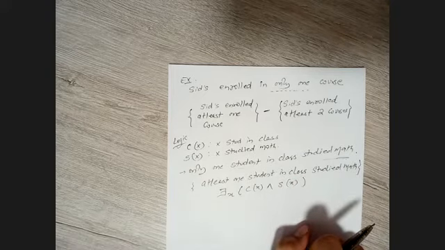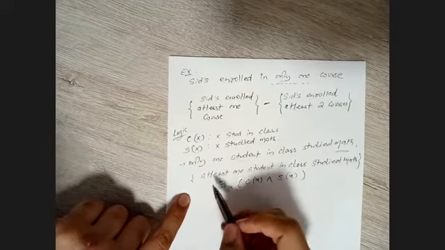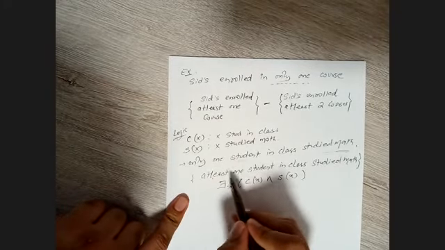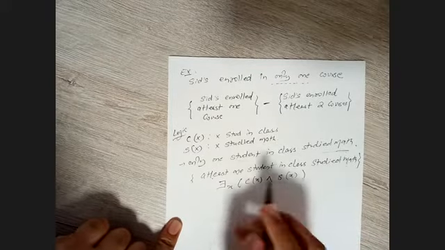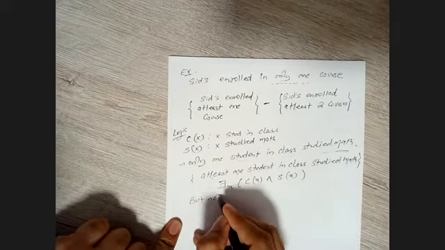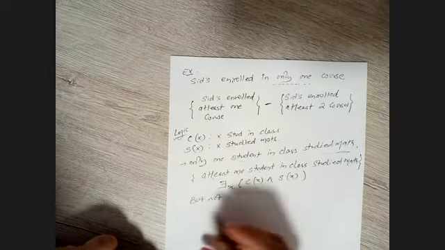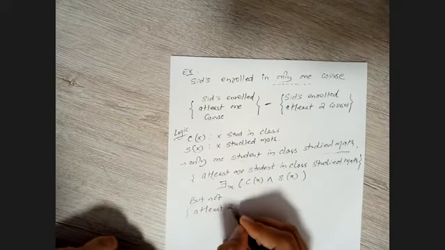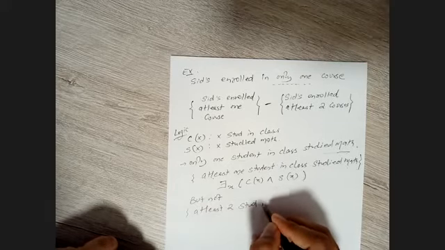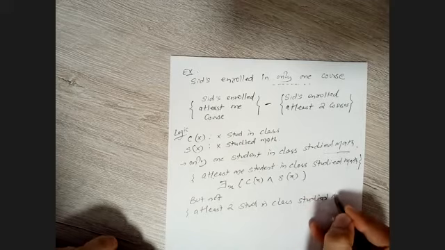And we have seen it for at least two as well, right? So what should be the logic? How will we form that? There should be at least one student in class who studied math, but not at least two students in the class who studied math.